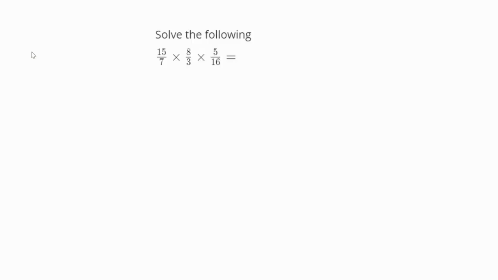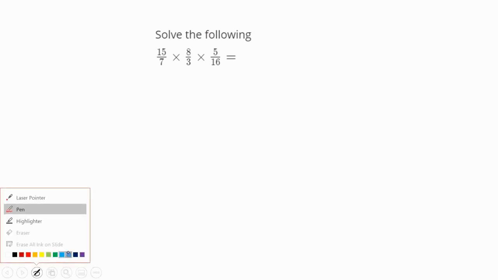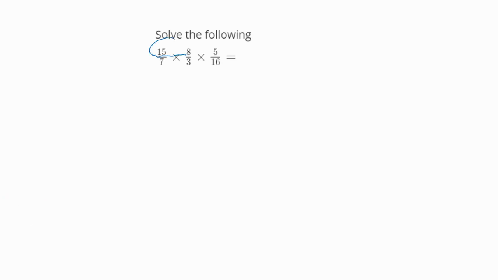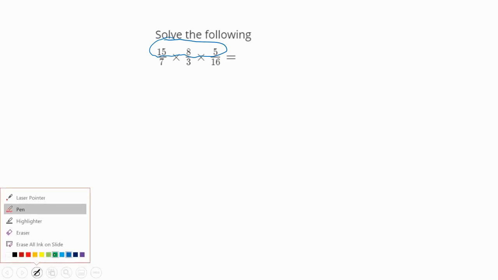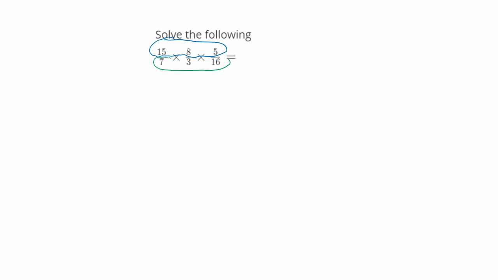For doing these types of problems, and there will be a fair number of these, the best thing to do is to just multiply everything on the top. So 15 times 8 times 5, and then multiply everything on the bottom, and then divide. So 7 times 3 times 16, and then divide the numbers.